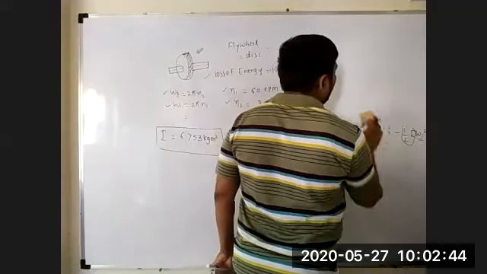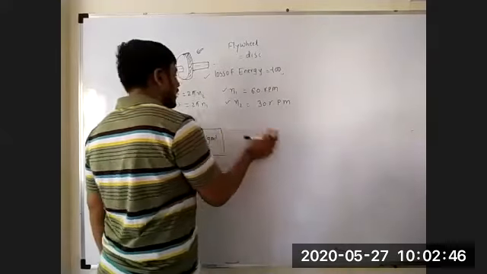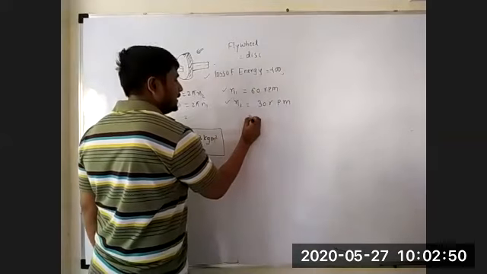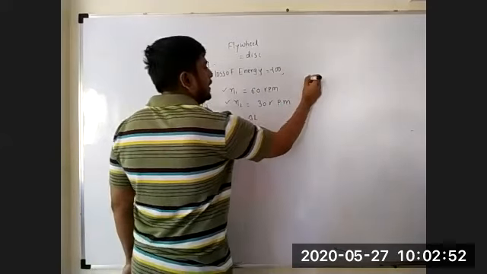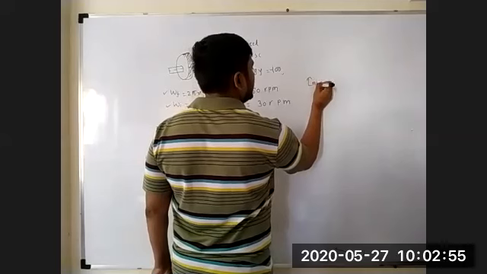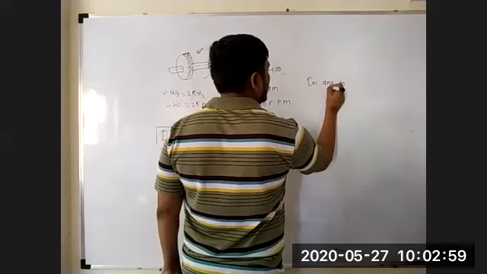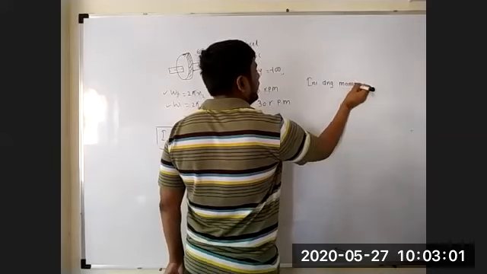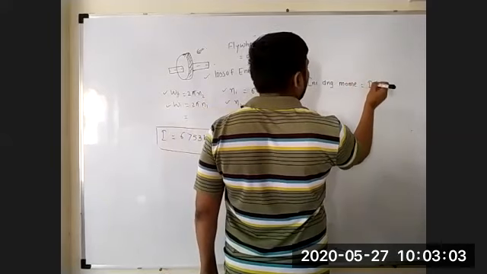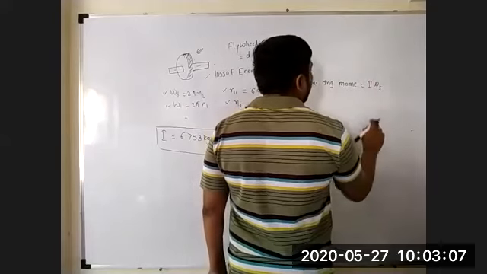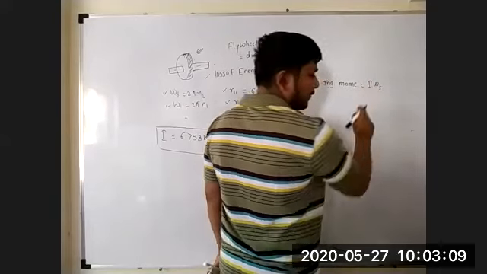Now we want to find the change in angular momentum. Initial angular momentum is equal to I omega initial, because angular momentum is nothing but the product of moment of inertia and angular velocity.